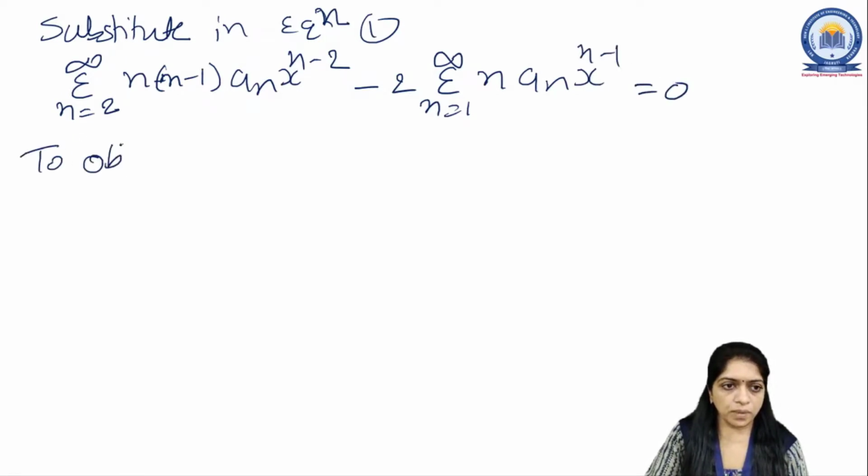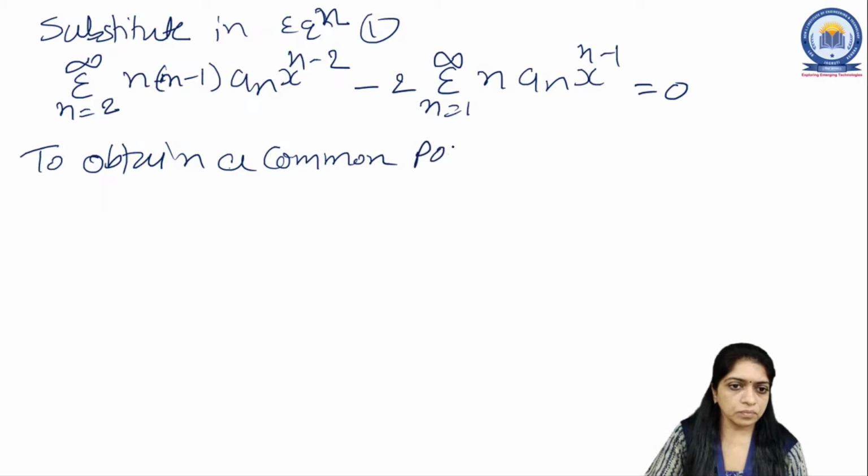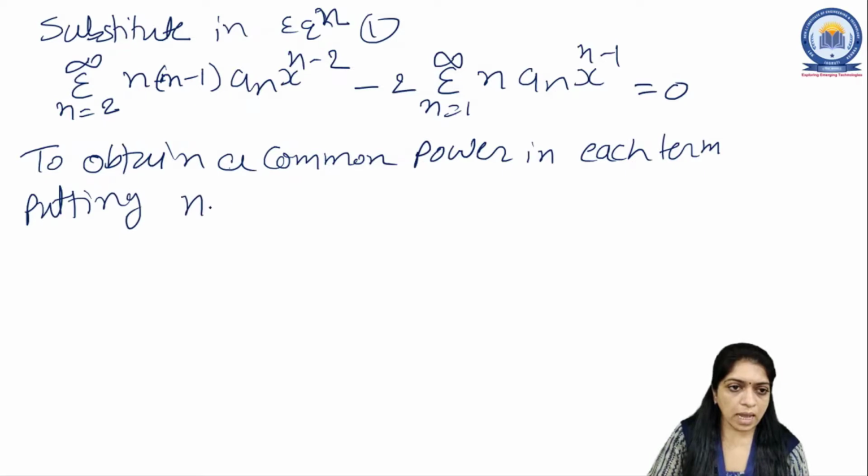To obtain a common power in each term, putting n minus 2 is equal to m minus 1 in the first term.